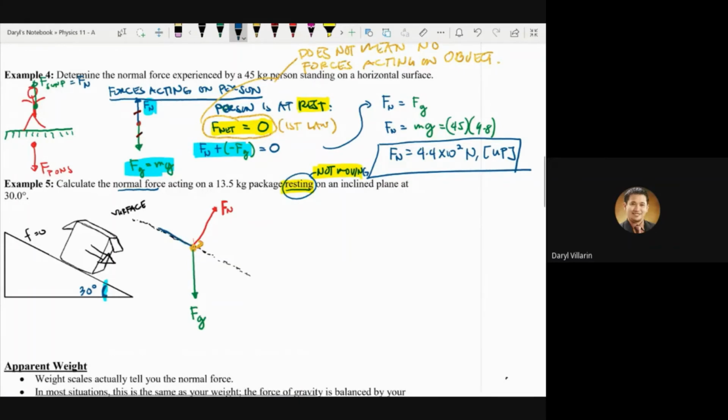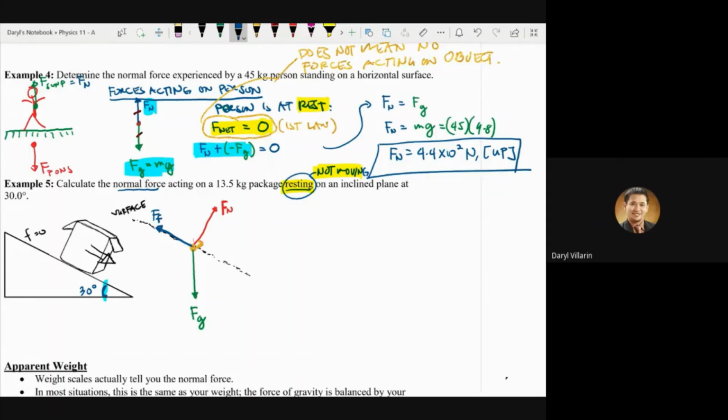So this would be my friction, upward. Those are the three forces acting on this 13.5 kilogram package.